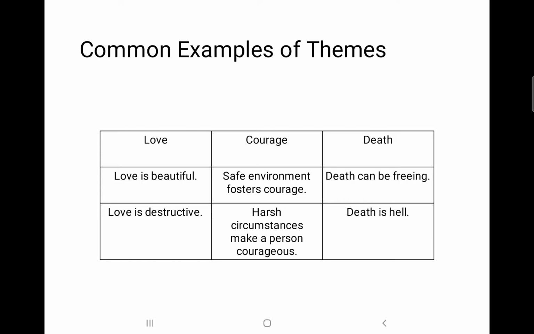Death can also be described as something that is freeing, or it could be hell. So a literary work has a very specific stand, a very specific opinion about these ideas. And it is our job to identify that specific stand, to identify that specific idea.